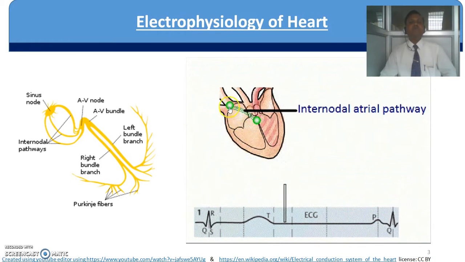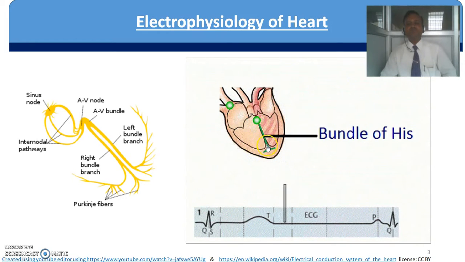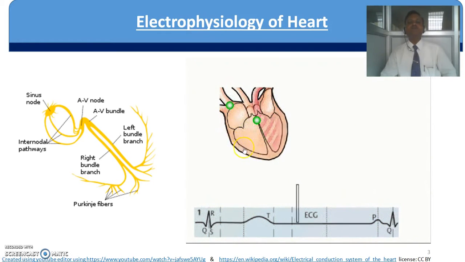The pathways which connect SA node with AV node are called internodal atrial pathways. Now when the impulse is generated here, it is carried to the AV node, and then from the AV node to the bundle of His and Purkinje fibers, the impulse is conducted towards the whole membrane of heart.